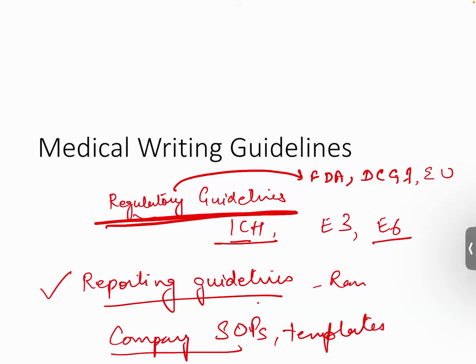This is part of companies, either SOPs or a template. But our regulatory guidelines are non-negotiable. So reporting guidelines are good-to-have information. Regulatory guidelines are must-have information. And company SOPs and templates, when you join some organization, they are going to tell you.